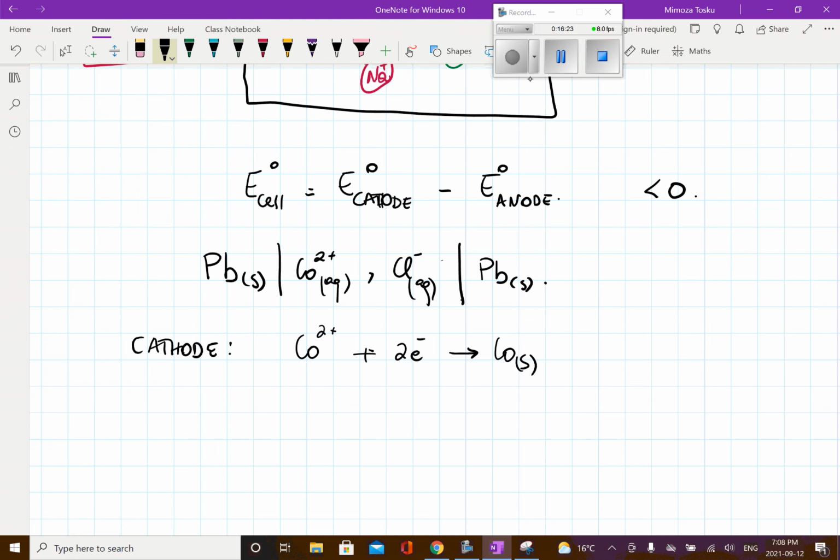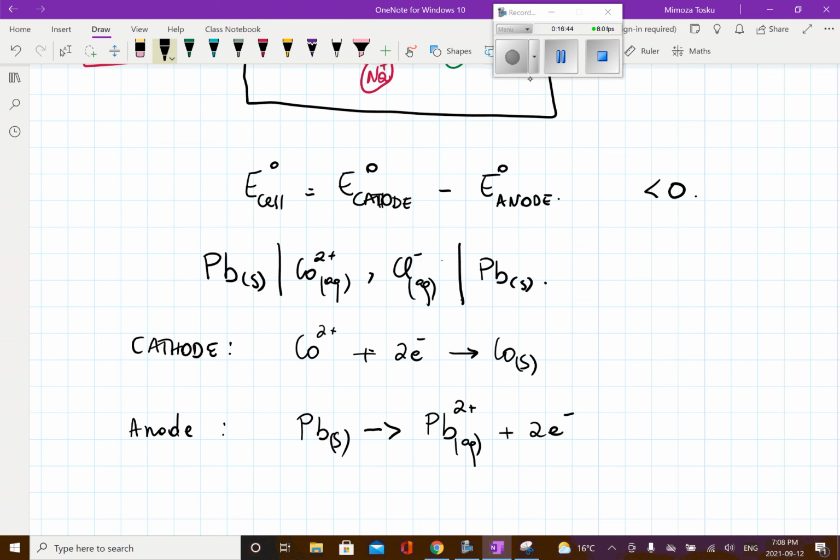And what is happening in the anode is that Pb is giving 2 electrons, so Pb2 plus plus 2 electrons in aqueous solution.